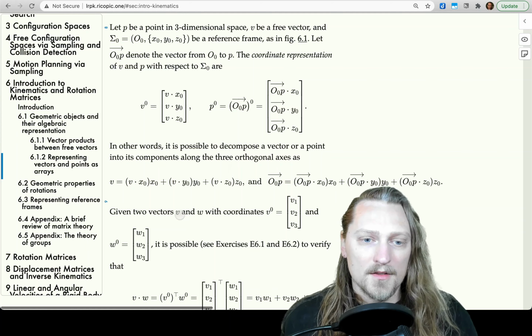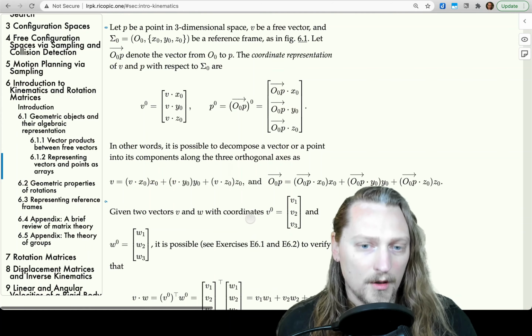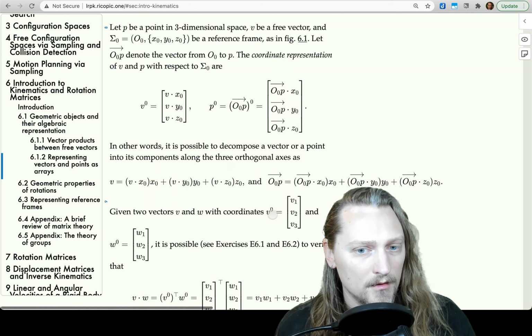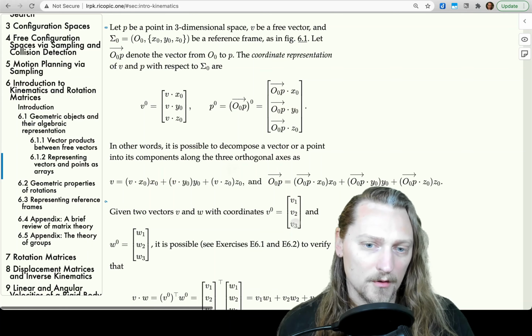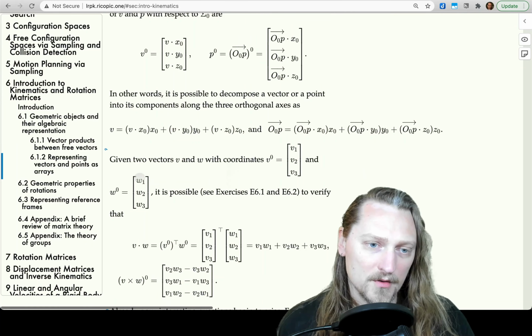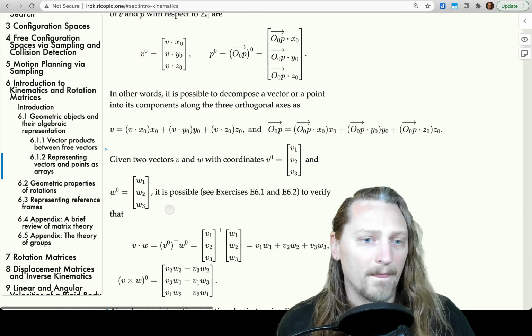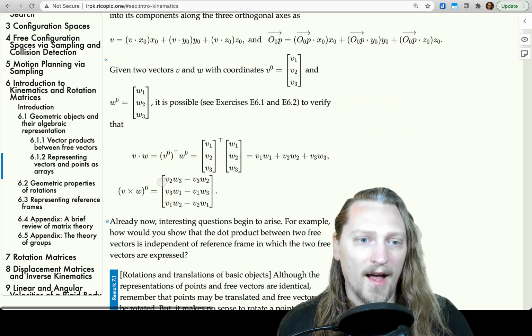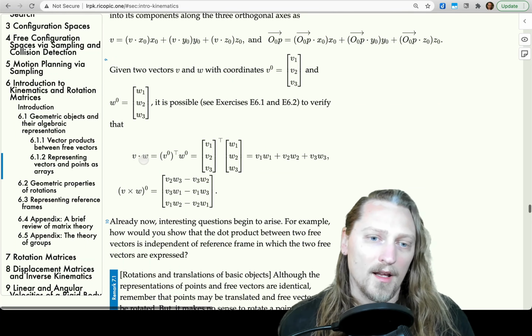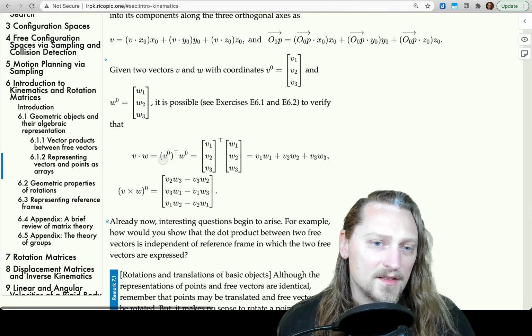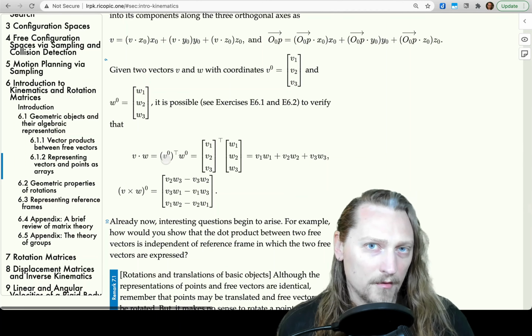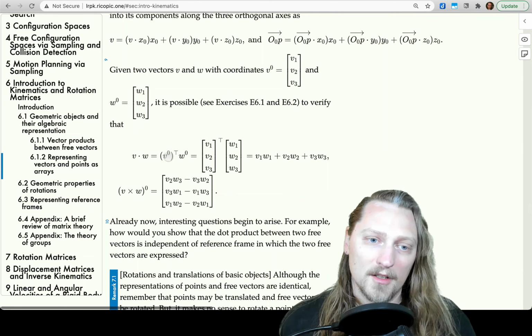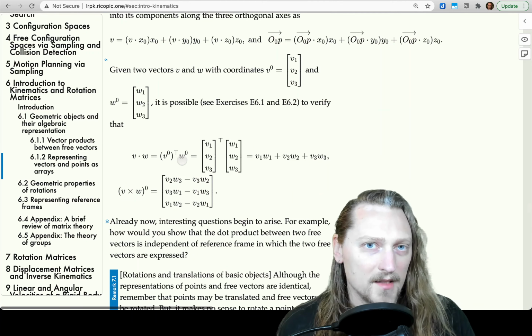Given two vectors, v and w, with coordinates v0, which is to say v1, v2, and v3, and w0, w1, w2, w3, it is possible, see the exercises, to verify that if you take the dot product of v and w, it is equivalent to using the reference frame 0, taking the transpose of v and multiplying it by w.